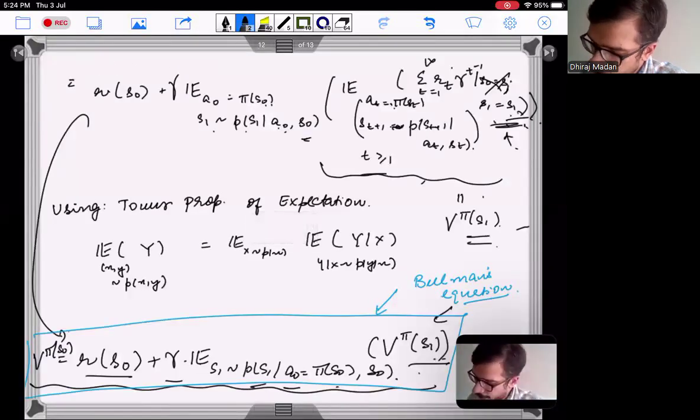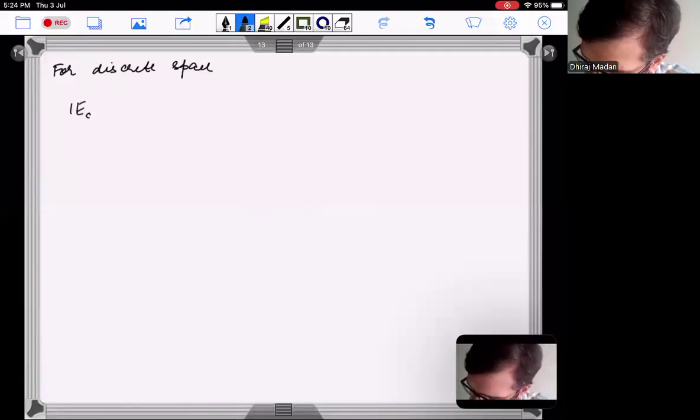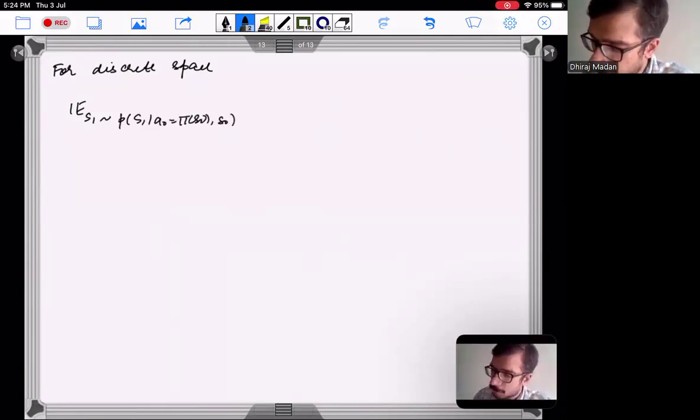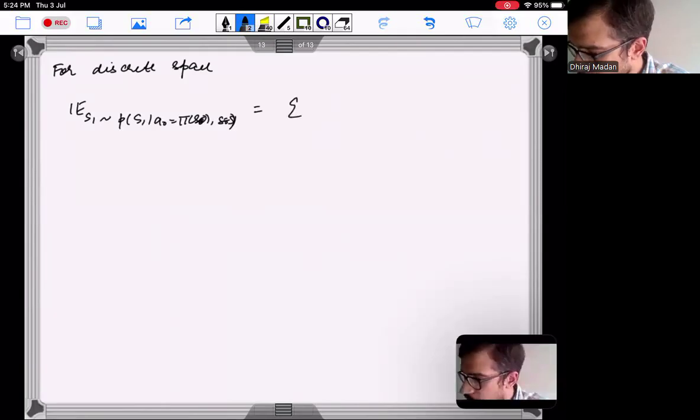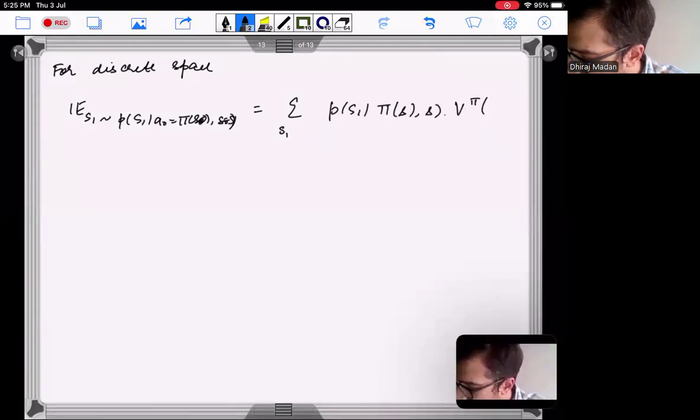We have the expectation of S1 sampled from P(S1 given A naught is pi of S naught and S naught), where S naught equals S and A naught is pi of S. So this is nothing but the sum over S prime, or S1, of P of S1 given pi of S, S, and V pi of S.